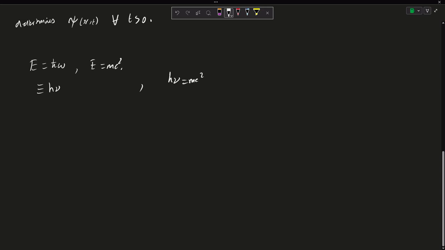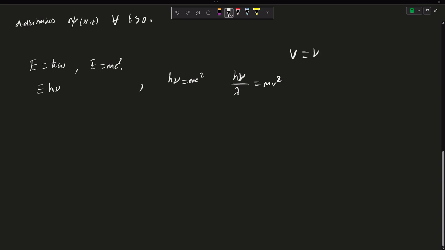For anything with mass, it can't really travel at the speed of light. You approach it very closely, but you never actually get there. So instead of c, we're going to change it to some velocity v less than c. So we can rewrite this as h v over lambda equals m v squared. And we've used the standard wave relation v equals f lambda, or nu lambda.